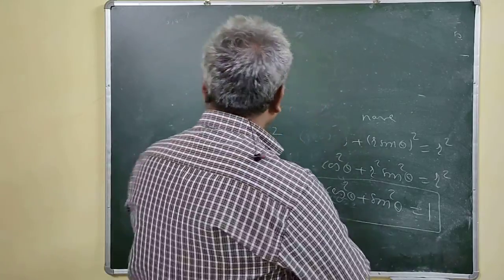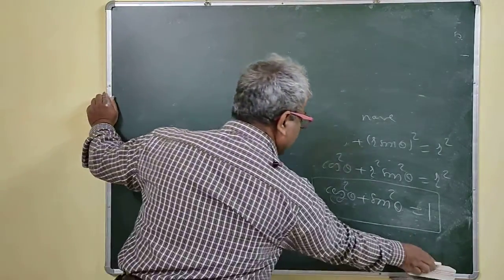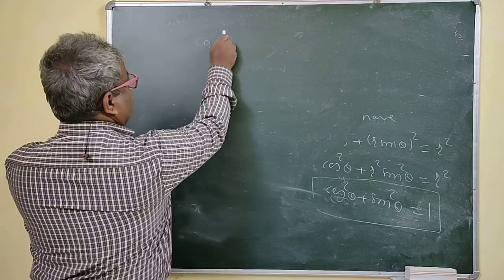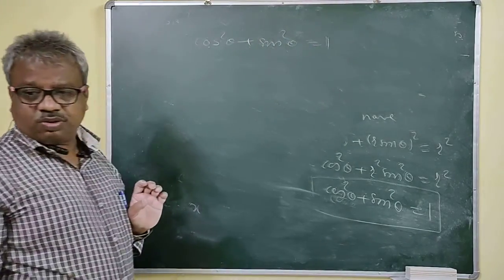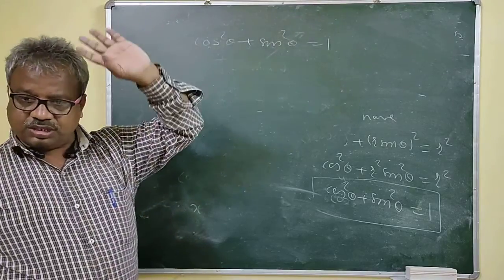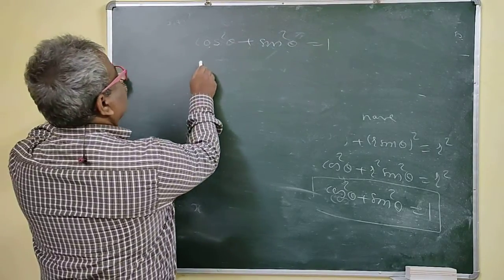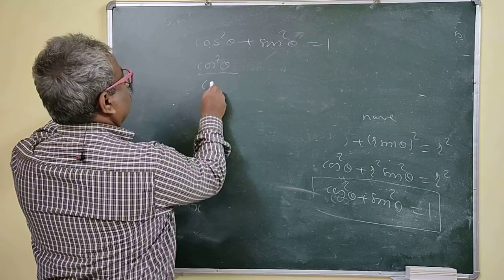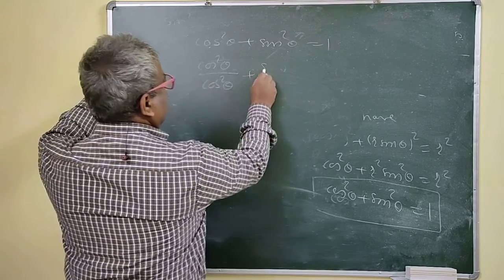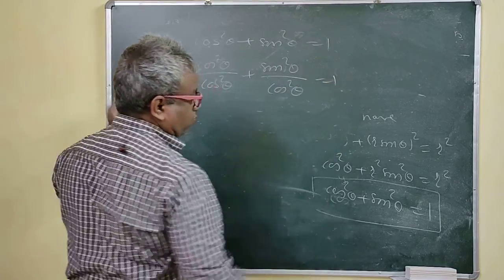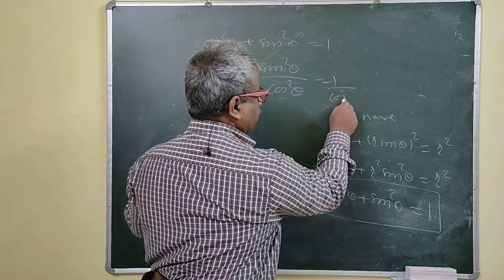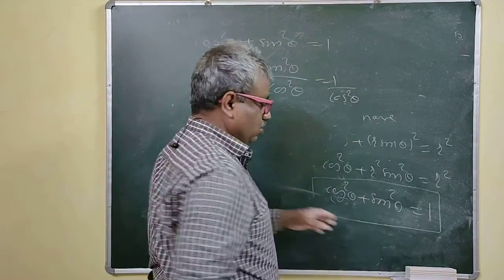Now what do we do now? We have this fundamental identity, cos square theta plus sin square theta is equal to 1. We will divide by cos square each and every term. So what do we get then? Cos square theta upon cos square theta plus sin square theta upon cos square theta is equal to 1 upon cos square theta, right?